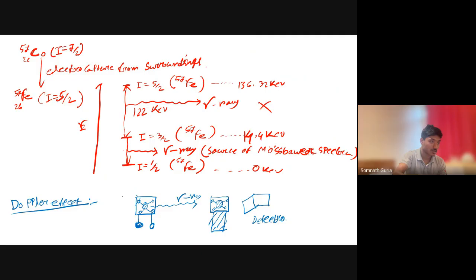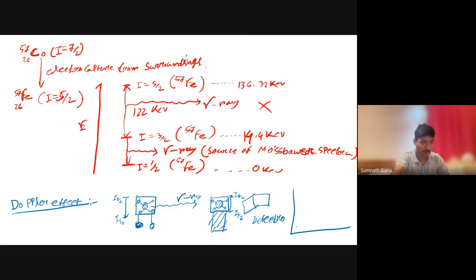Here we are getting energy transition from I equals 3 by 2 to I equals half, and we need the transition from I equals half to I equals 3 by 2, but we are losing some recoil energy and we are not properly matched with that.